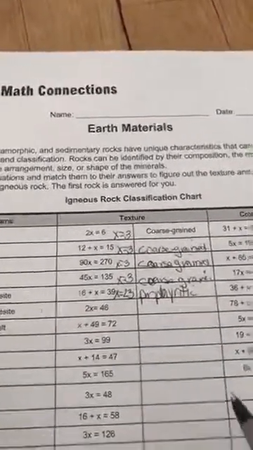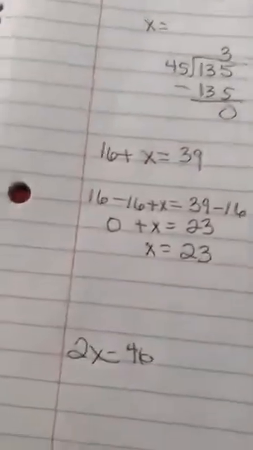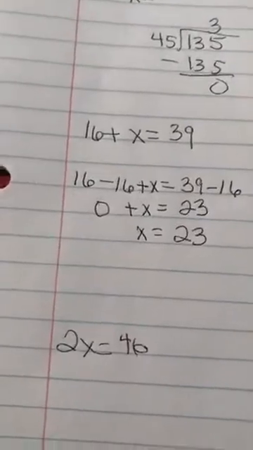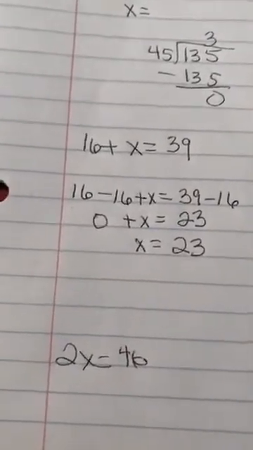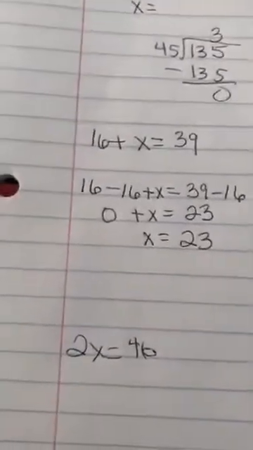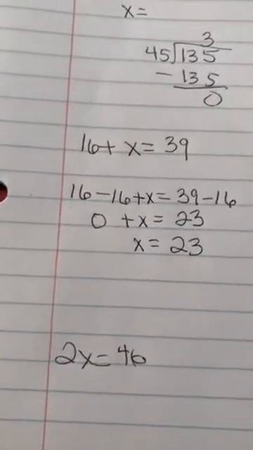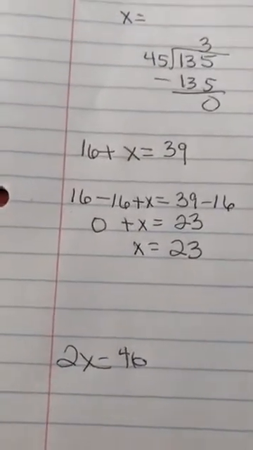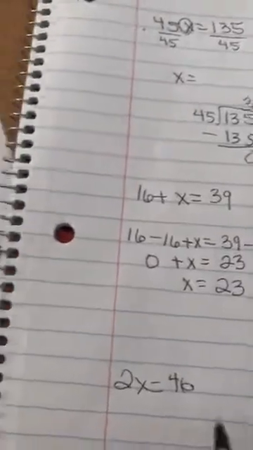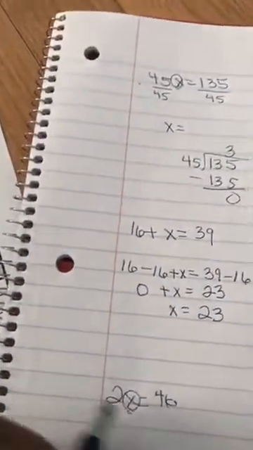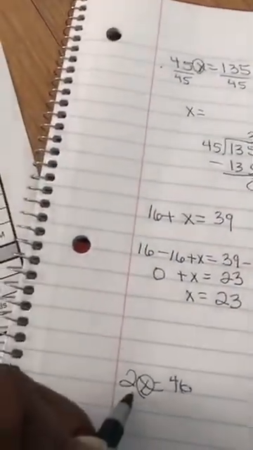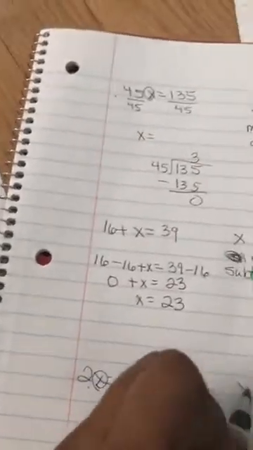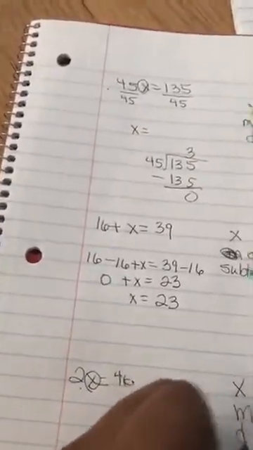All right, so we have 2x equals 46. Now, I want somebody to just do the problem. Go on, do the problem for me, give me the answer. Oh, well, good Lord, I already got 2 people that did the problem for me. Okay, y'all just worked it out, right? What is my variable? X. What happened to it? It got multiplied, right? Multiplication, division, all right?